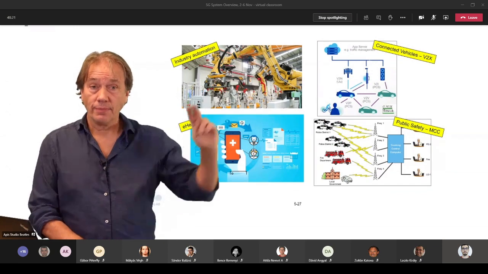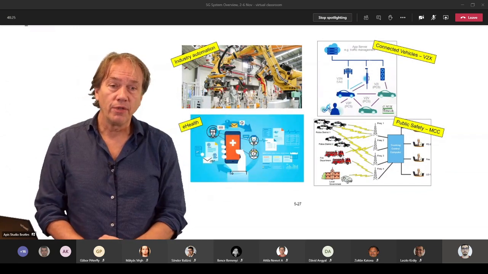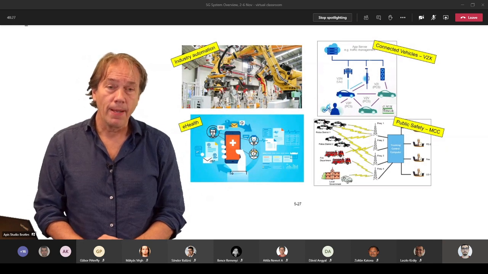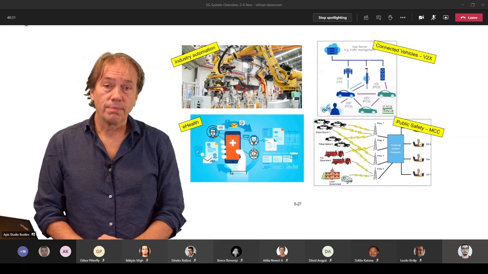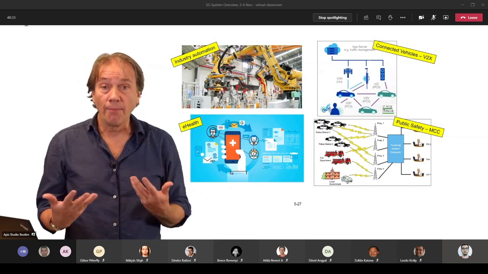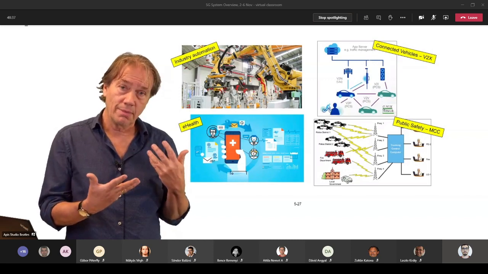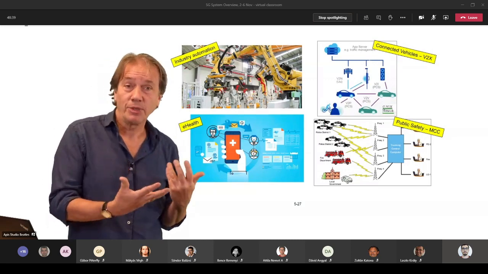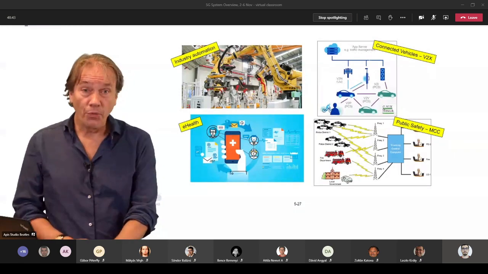You see, industry automation, e-health, connected vehicles, public safety. And sometimes ultra reliability is key, sometimes low latency is key, sometimes both are required.